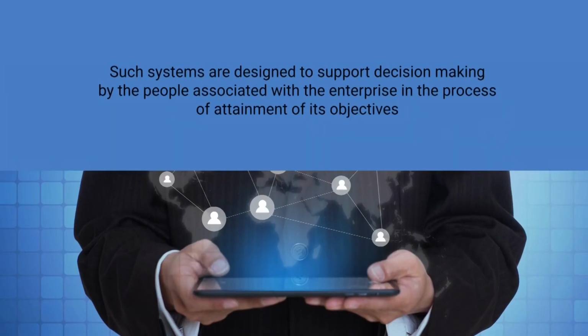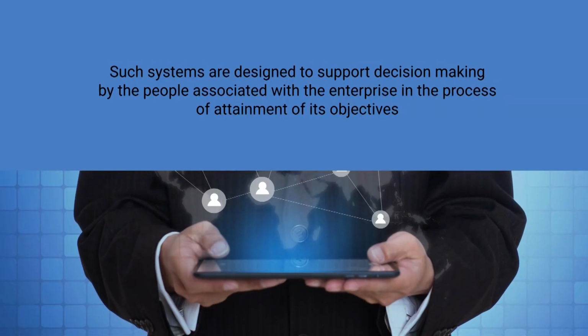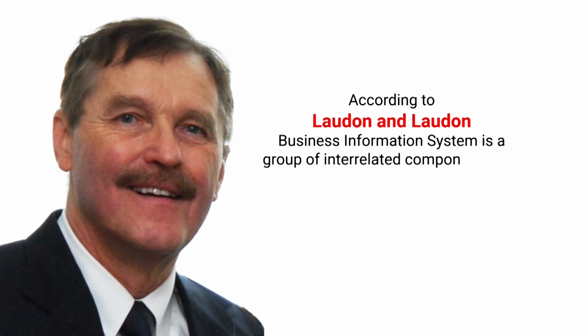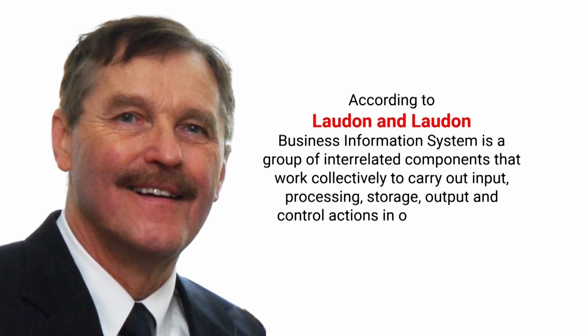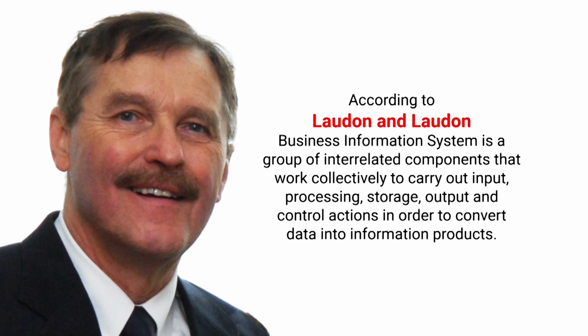Such systems are designed to support decision making by the people associated with the enterprise in the attainment of its objective. There is a very famous definition by Laudon that a business information system is a group of interrelated components that work collectively to carry out input, processing, storage, output and control actions in order to convert data into information.